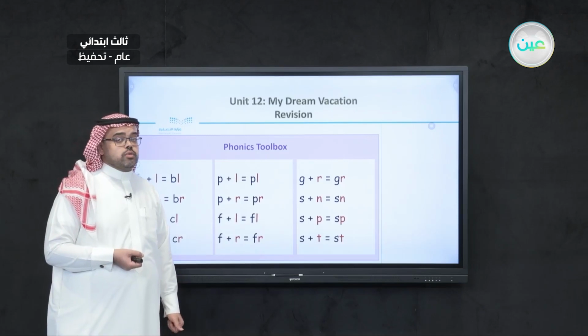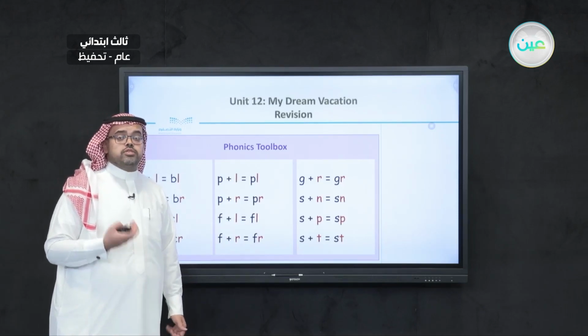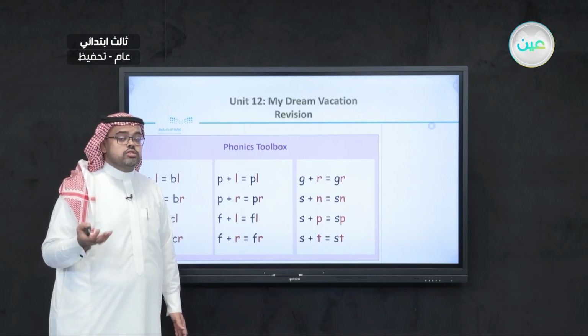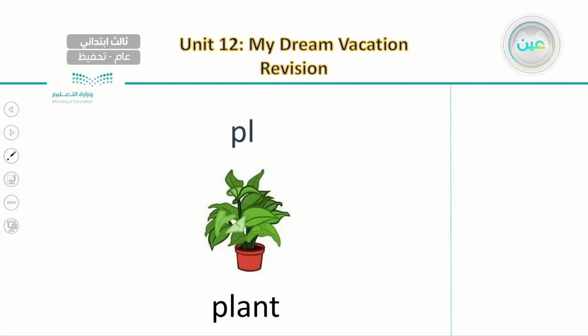So now we're going to learn and talk about different words with a different sound unit. Let's begin with the first sound unit we have, which is P and L. I'm going to say the word and I would like you to follow with me. The first word we have here is plant, plant.